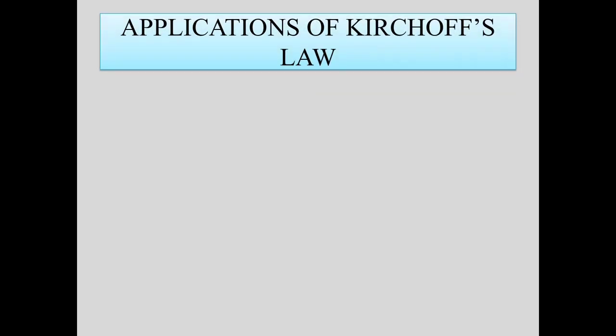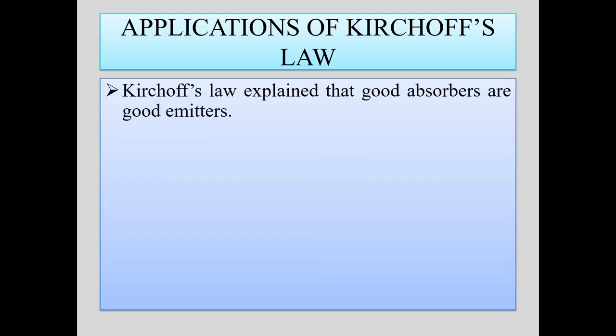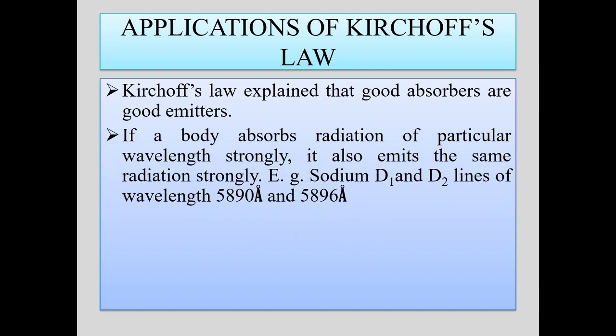So let us discuss the chief applications of Kirchhoff's law. Kirchhoff's law explains that good absorbers are very good emitters of heat radiation. If a body absorbs radiation of a particular wavelength strongly, it also emits the same radiation strongly.